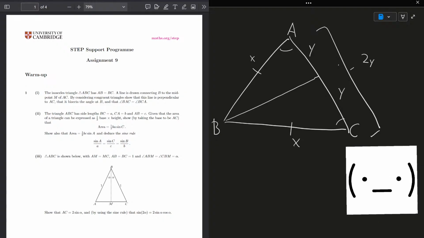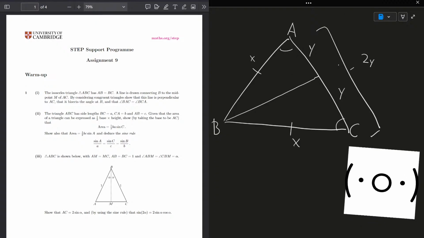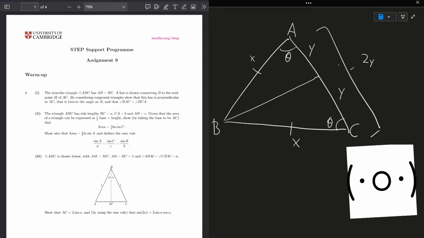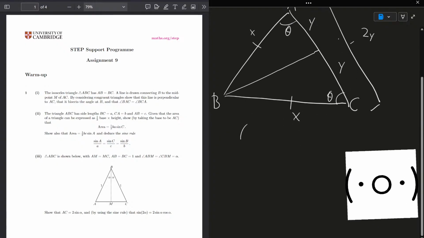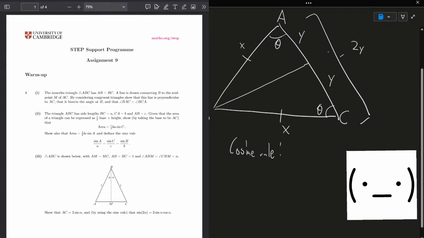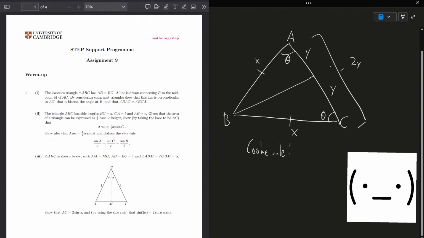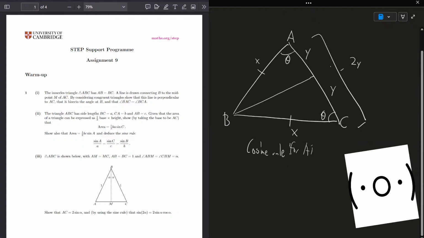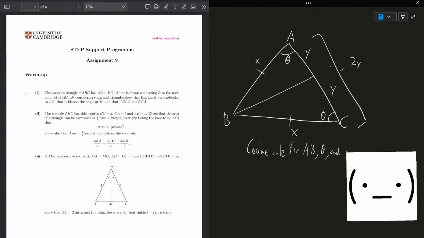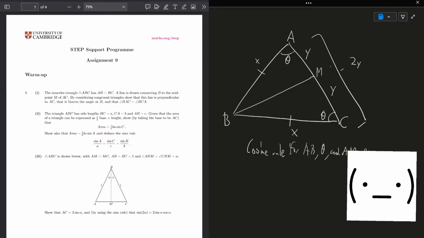So we need to show that this is 90 degrees. We know that these two are the same angle. I forgot how you draw the same angle, but you know these two are the same angle, which is, draw theta, yes. So according to the cosine rule, if you plug in the cosine rule for AB, theta, and AM, since we know that this is M, it's the same result.